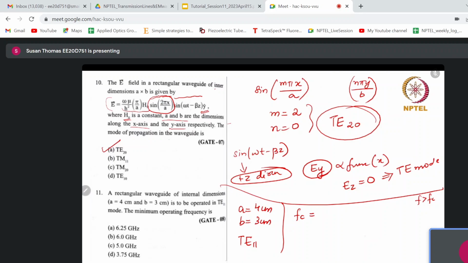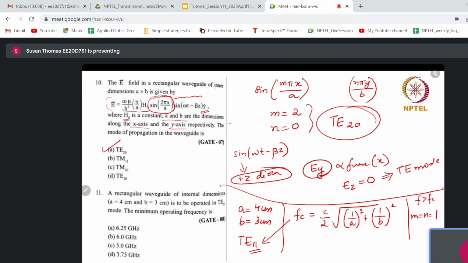So Fc, you need to calculate for the TE11 mode. How do you do that? C by 2 into square root of m by a the whole square plus n by b the whole square, so 1 by a the whole square plus 1 by b the whole square, because m and n are 1 in case of TE11 mode.